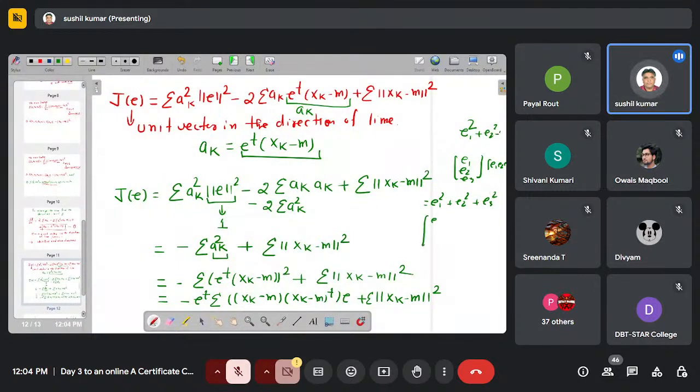If you do the calculation for this one, it will give you E1 square plus E2 square plus E3 square. Same thing I have done here. I have the square of this one, so to do this calculation I took x_k minus m and the transpose of x_k minus m. It will give me this form, so there is no error in this one.